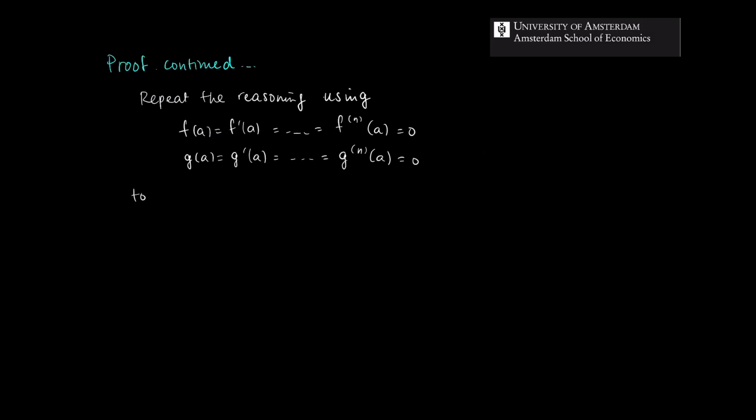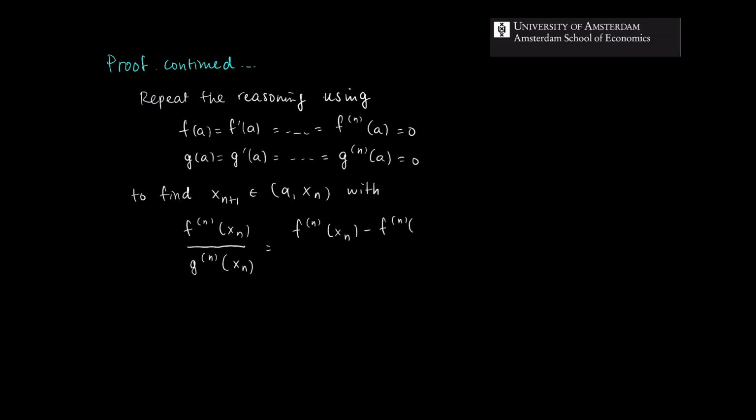So now continue, and ultimately we find an x(n+1) in (a, xn) such that the nth order derivative of f in xn divided by the nth order derivative of g in xn equals, we're still going to write it differently. So the nth order derivative of f at a is still 0. We can write it as f^(n)(xn). We're going to write it as the difference between two values.